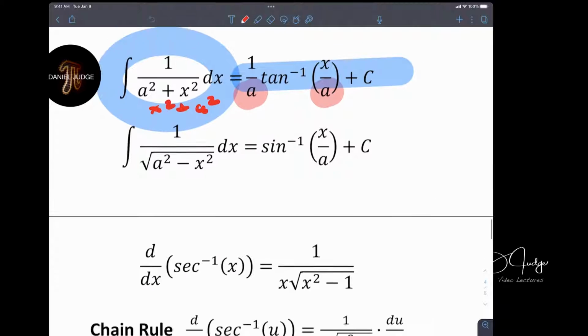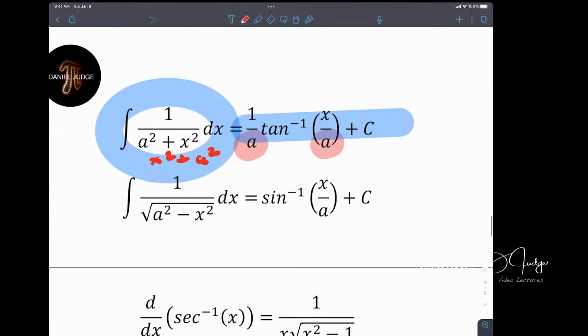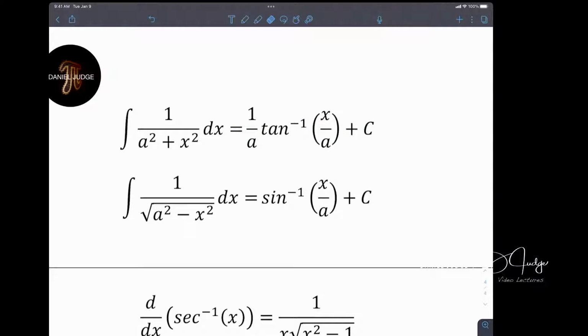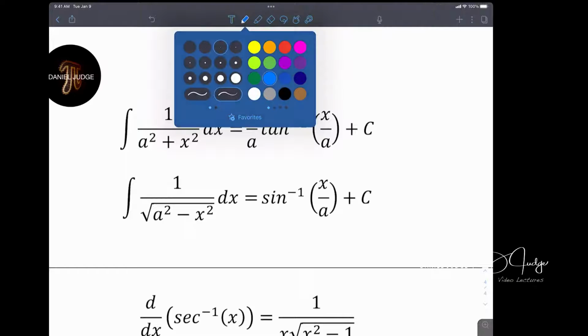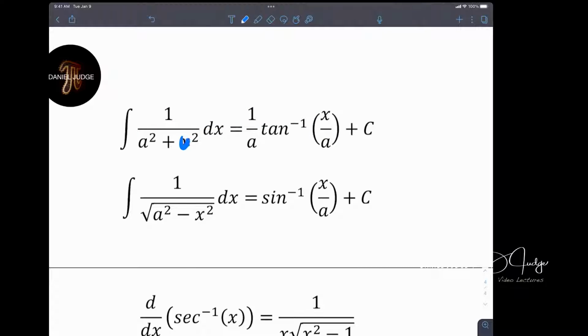Oh, I guess I didn't write it. But this is what you're going to be using now. But it's going to be with the variable u. So here's what I mean by that. I'm going to replace this with a u. This is a u. This is a u, so you have the u substitution version, u sub.